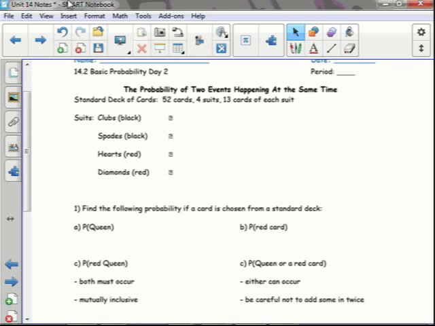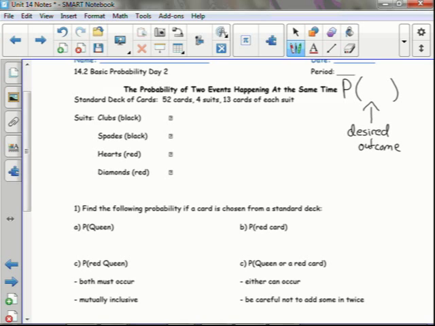Mr. Zacek here. We're talking today about basic probability and looking at the probability of two events happening at the same time. So when we have probability, a lot of times we use the capital P and then in parentheses, what we're putting inside of the parentheses is the desired outcome.